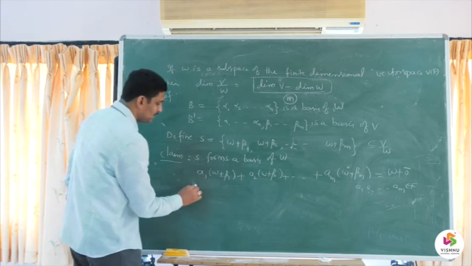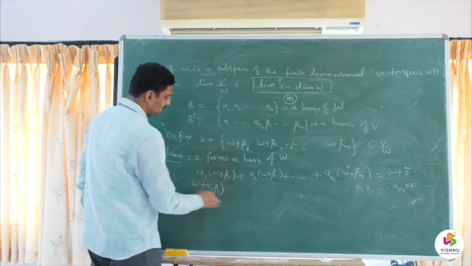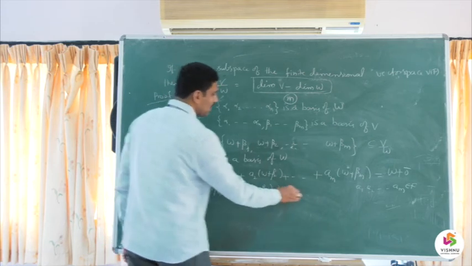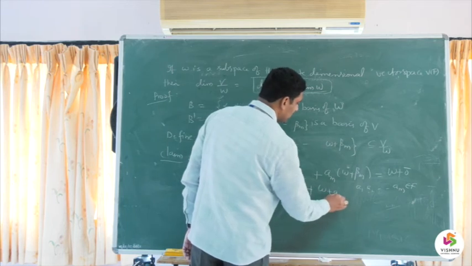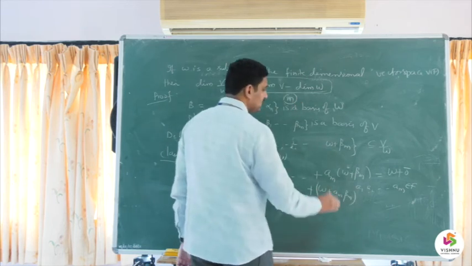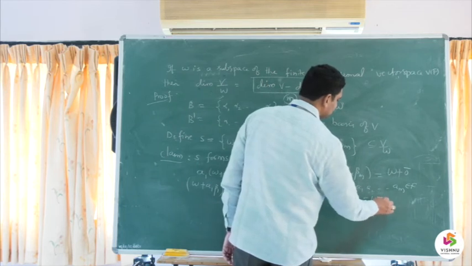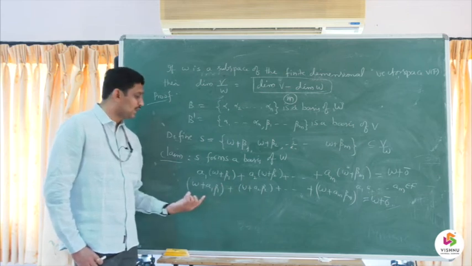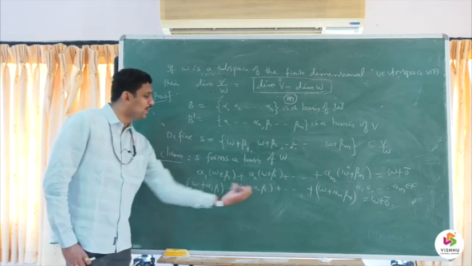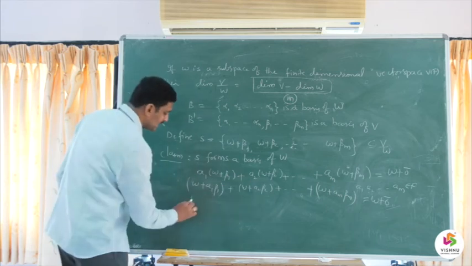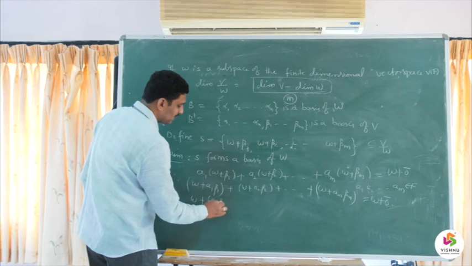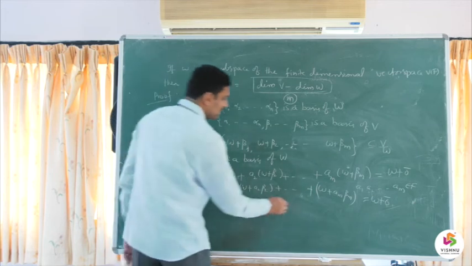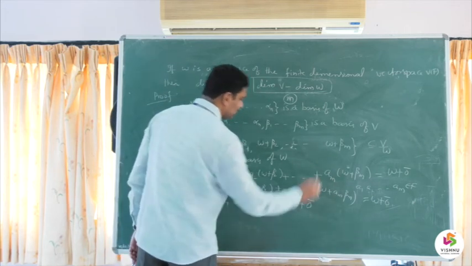So, this is nothing but W plus A1 beta 1 and this is W plus A2 beta 2 plus so on plus W plus AM beta M is equal to W plus 0. Then how do we add the cosets? It is very simple, the set will remain as it is, only the corresponding vectors will be added. So, I can write it as W plus A1 beta 1 plus so on plus AM beta M is equal to W plus 0.